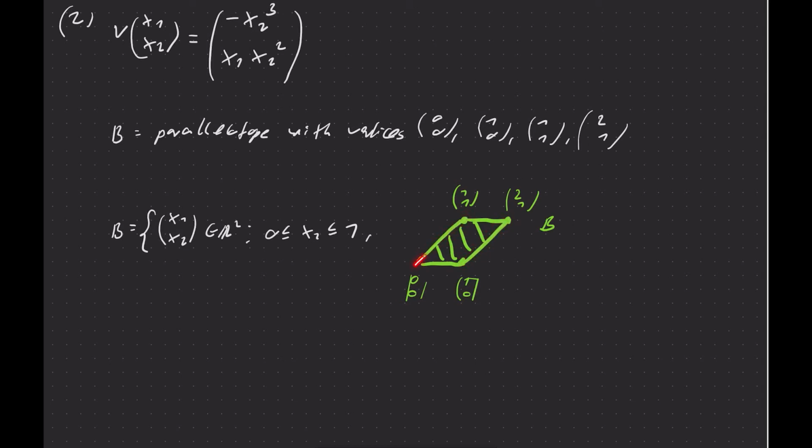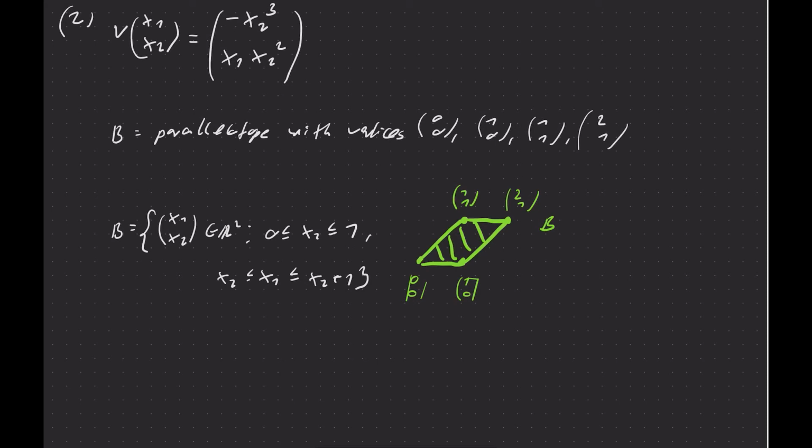This is the line x1 equals x2, and this is the line x1 equals x2 plus 1. And x1 just varies between those two lines here. So we get x2 is less or equal to x1 is less or equal to x2 plus 1.